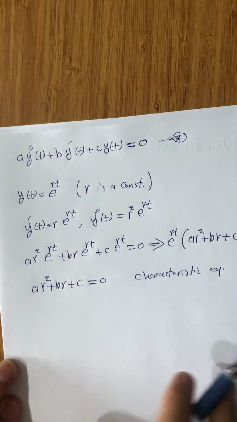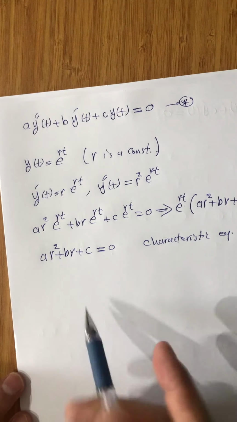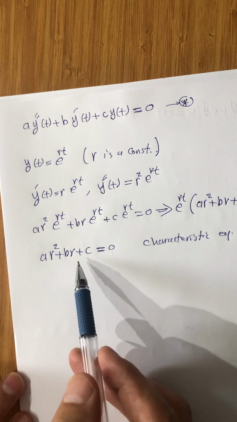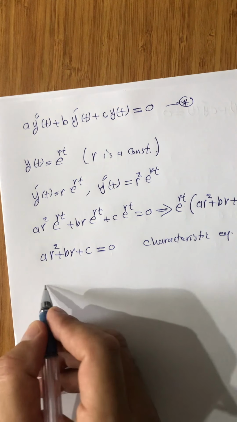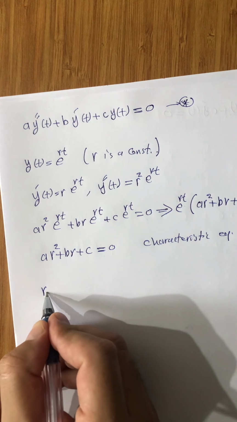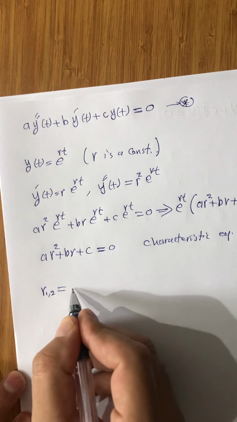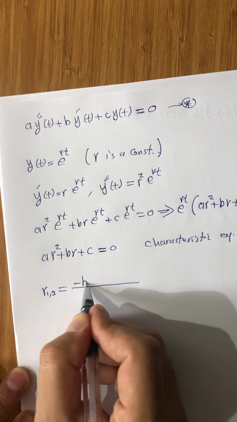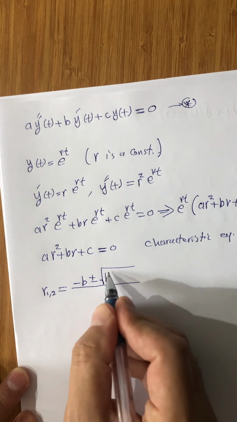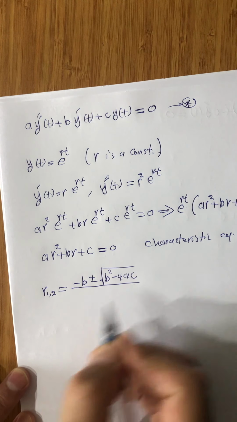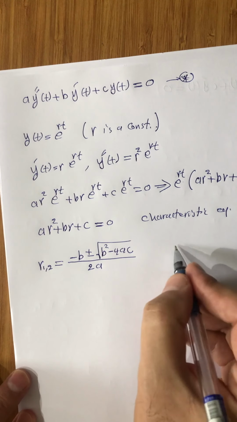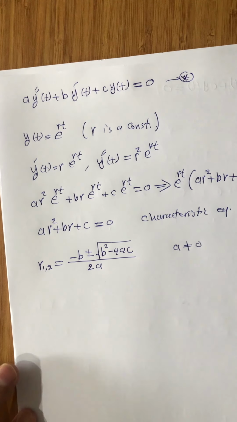This is just a quadratic equation, so it has two solutions, r1 and r2 equals minus b plus or minus square root of b squared minus 4ac, over 2a. Of course a cannot be 0.